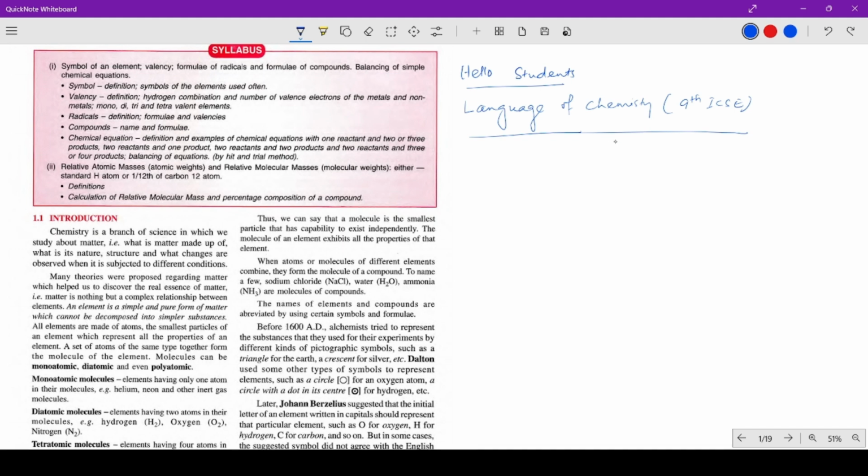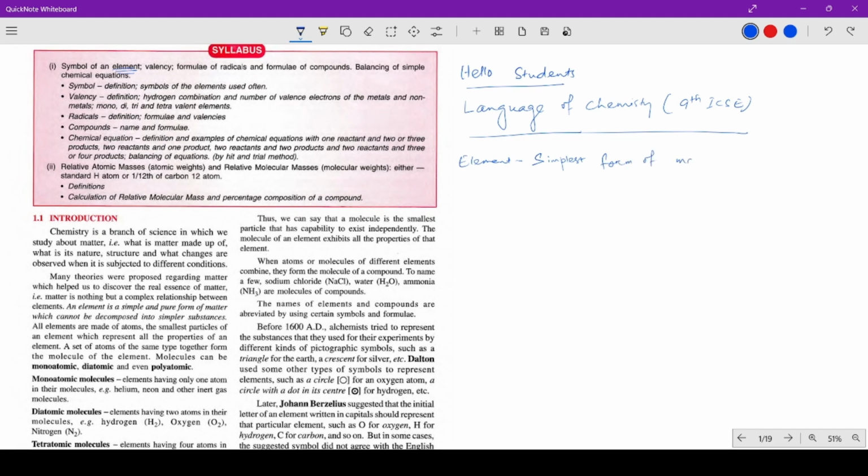So let's start with the very first point, that is called symbol of an element. Before that, let us discuss what an element is. This is very simple. All of you know this as you are in 9th standard. So an element is the simplest form of matter.